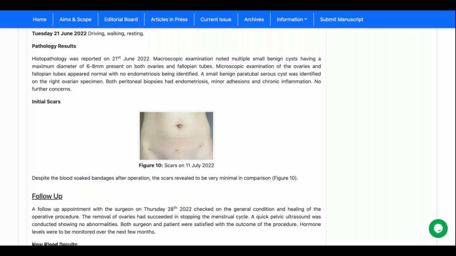Obviously, not doing heavy exercise, but I'd say this is what minimally invasive surgery is. You want to avoid long hospital stays, and in my opinion, this was not difficult. This is very achievable.